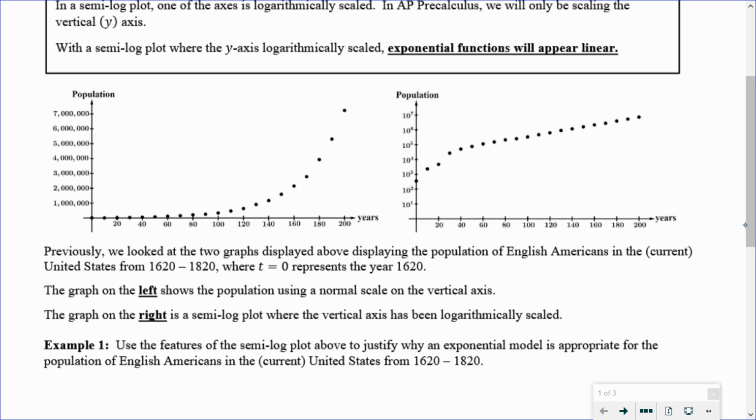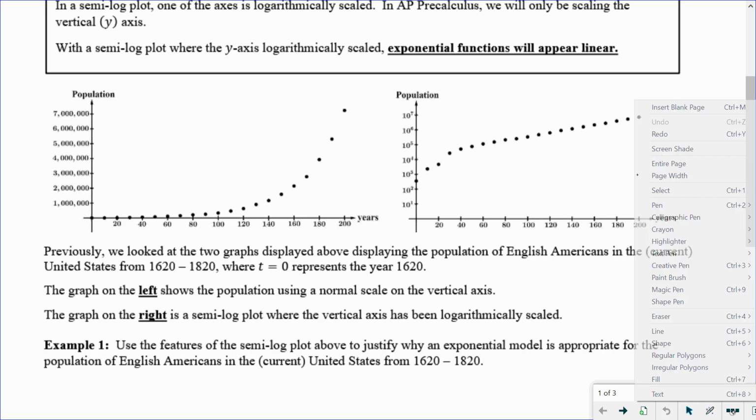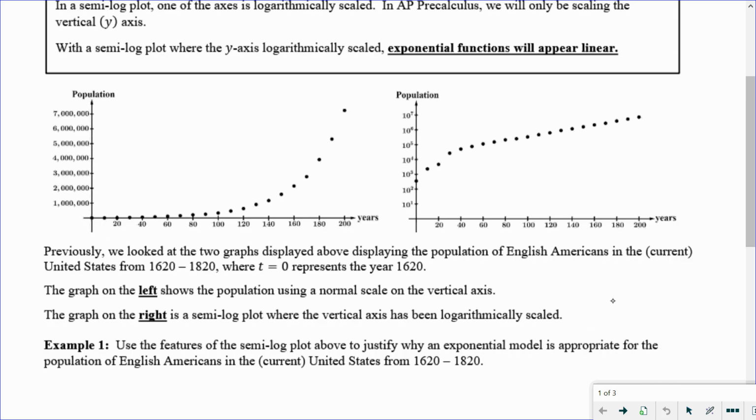You see what I'm saying? All these points are so tight down here, they basically look like 0, or really tiny.